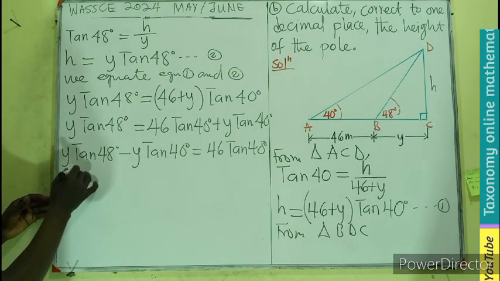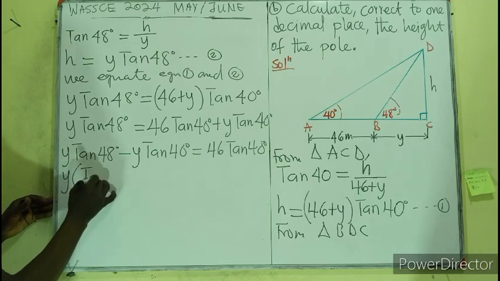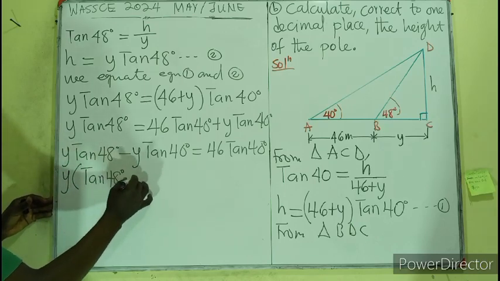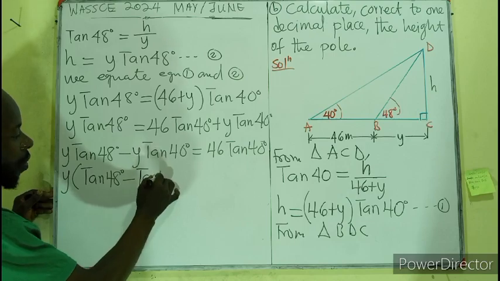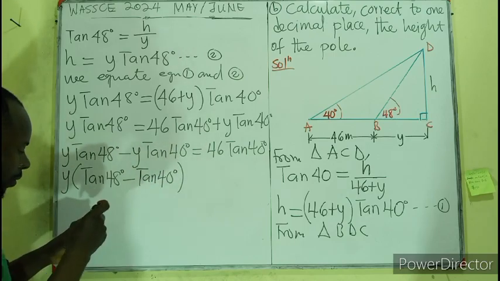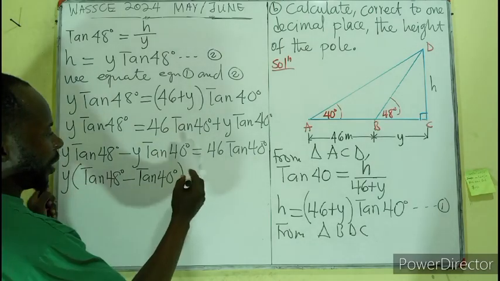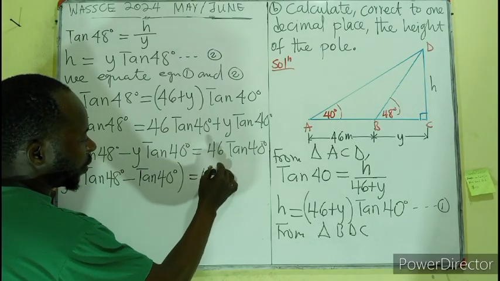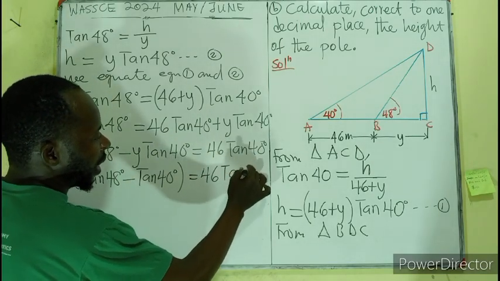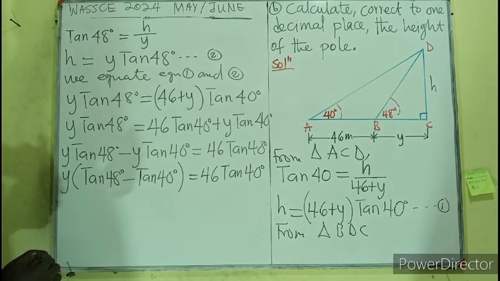You'll be left with the tan of 48 degrees minus the tan of 40 degrees, and that will be equal to 46 tan 40 degrees.